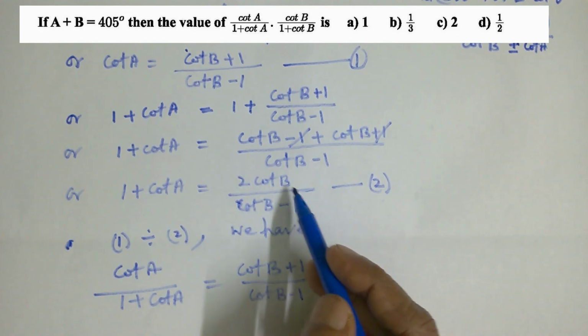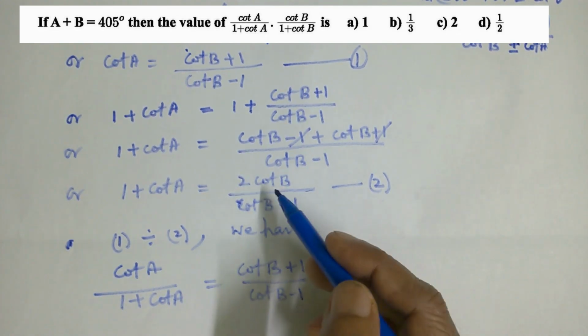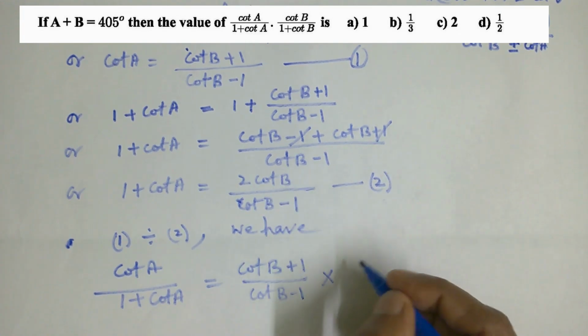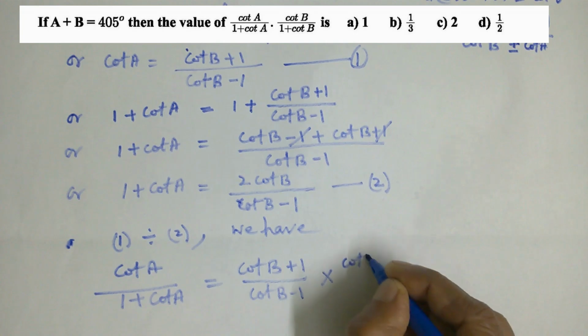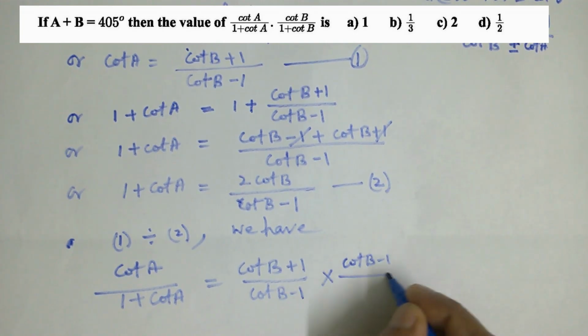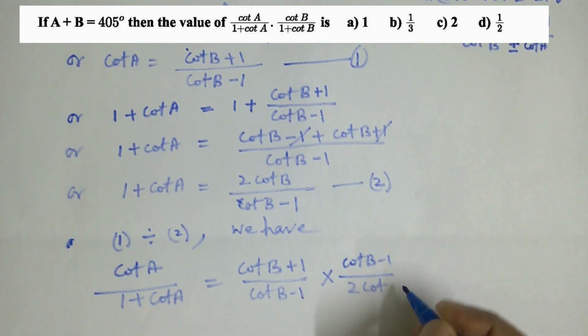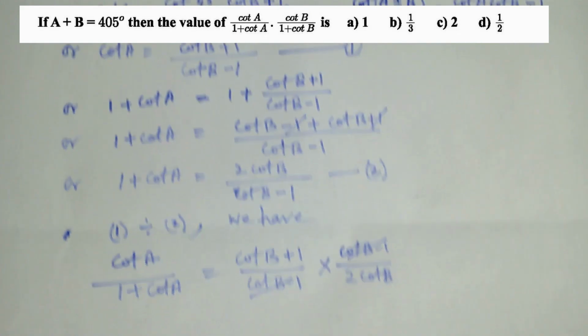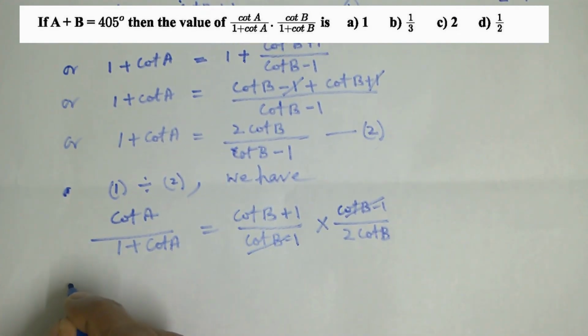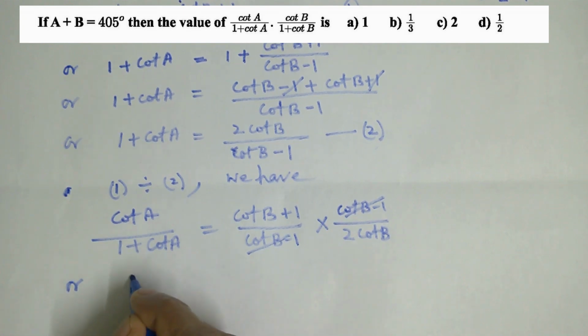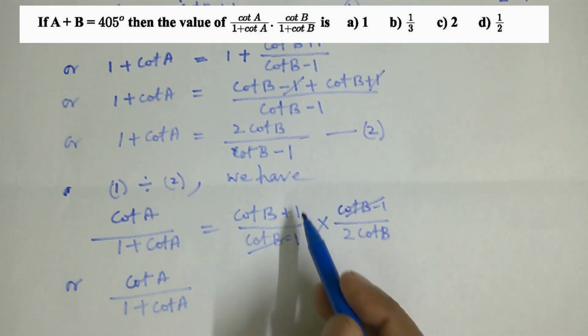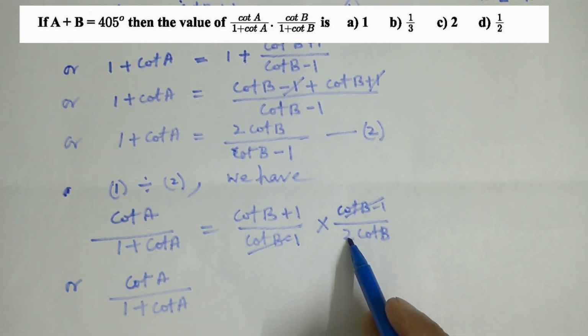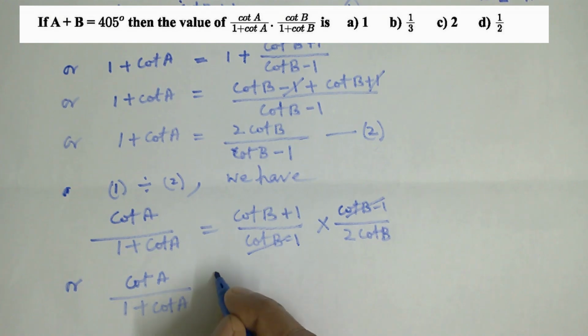Divided by this fraction, fraction by fraction, we interchange numerator and denominator. So that will be cot B minus 1 over 2 cot B. See, cot B minus 1 and cot B minus 1 will get cancelled, and the left hand side as it is. If we transpose these, except these two numbers, to the left, what will it be?